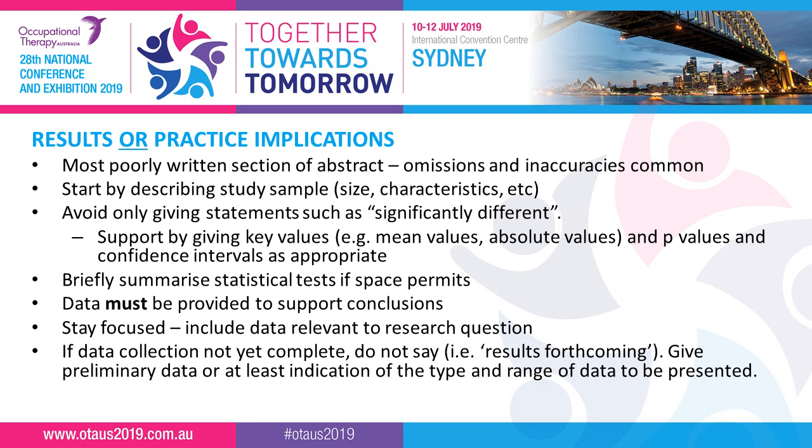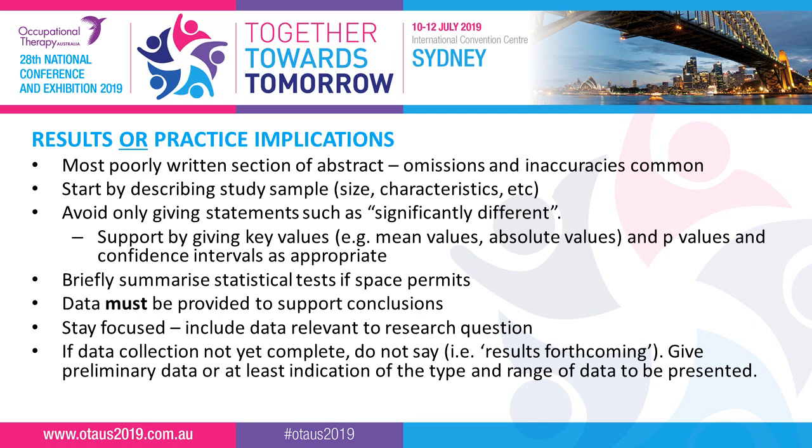If you've done a statistical test to determine differences between groups, then you should report the test statistic. So if it was a t-test, or an ANOVA, or a chi-squared, you should report the test statistic as well as the p-value.